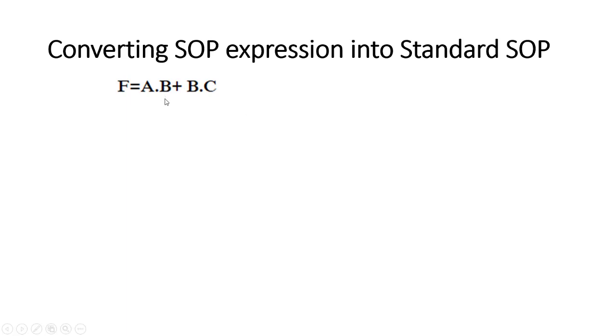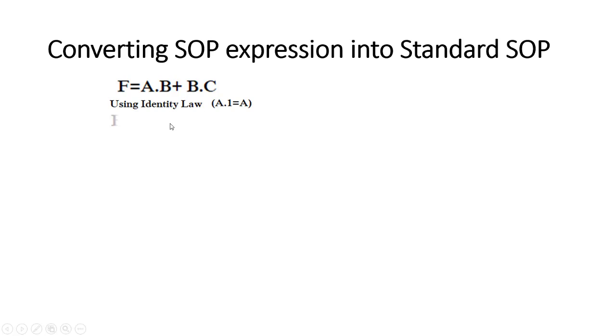Now you know why it is not standard, because both these terms are missing one variable. The first term is missing C and the second term is missing A. So to convert into standard, we need to add these missing variables. For that, we use the identity law.